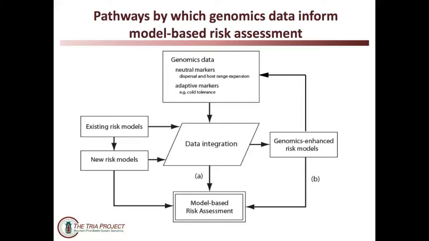And so we've been able to use insights from the project to date, such as the finding that mountain pine beetle had established on what we could genetically determine to be jack pine, to inform the risk assessment process.